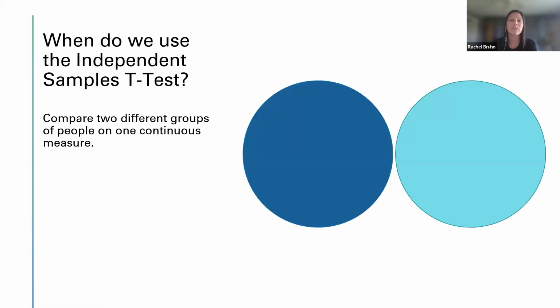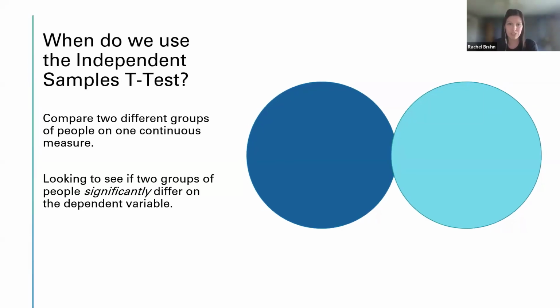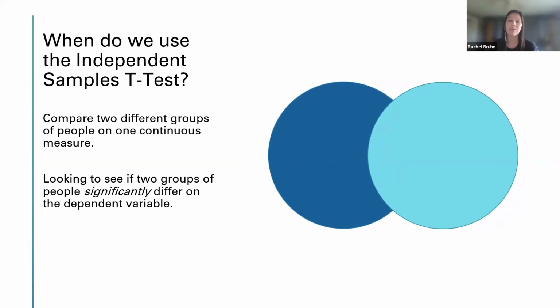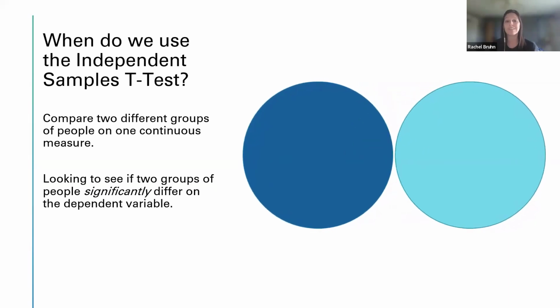So let's talk about when we use the test. We use this when we're comparing two different groups of people on one continuous measure. We're looking to see if those two groups significantly differ on the dependent variable. So this would be a comparison. We want to compare groups. We have two groups, no more than two groups.